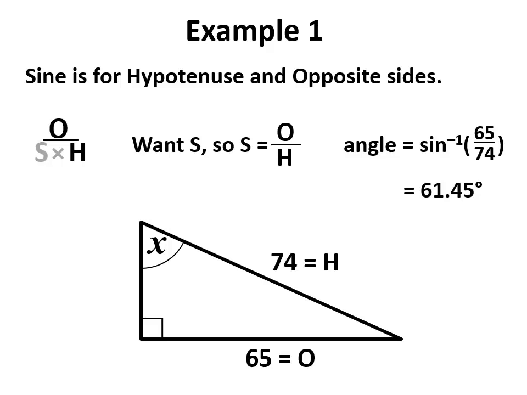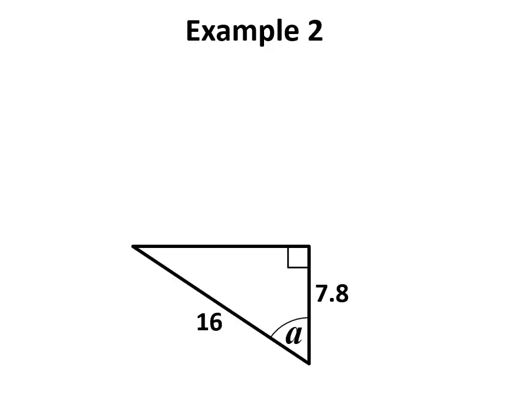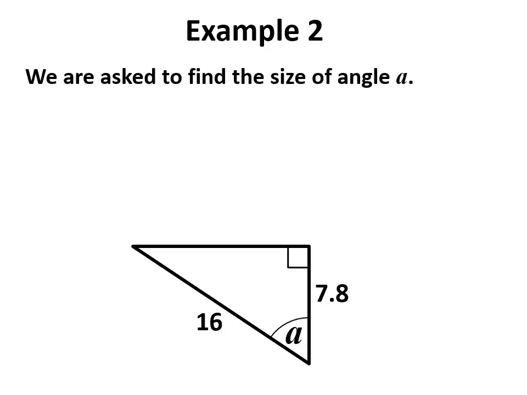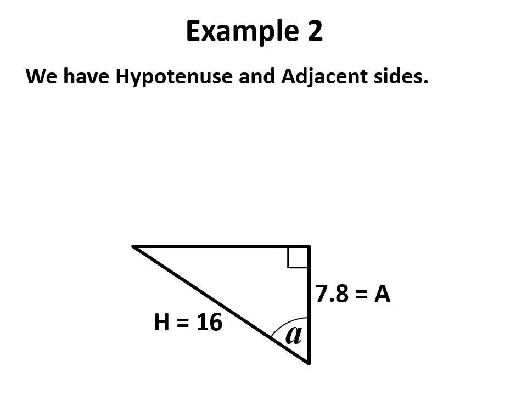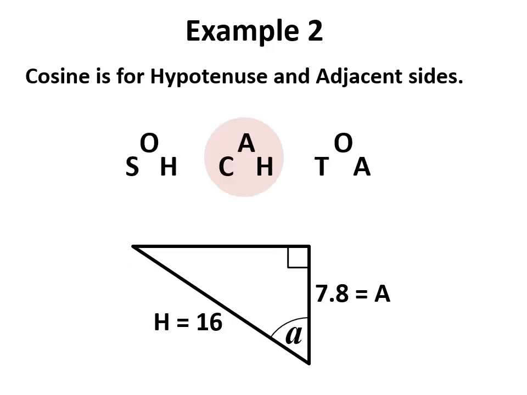One more time through. Exactly the same process as finding sides, except we use inverse sine, cos and tan. So two sides, 16 and 78. We do what we always do, which is to label the two sides first. This time we have the adjacent and the hypotenuse, and that is the cos relationship, CAH.